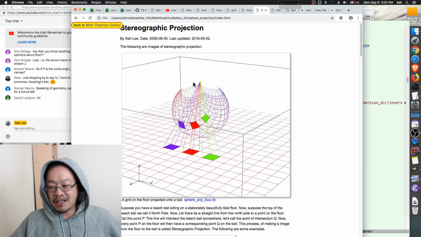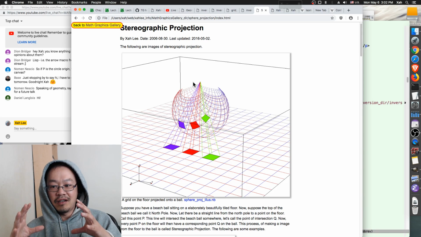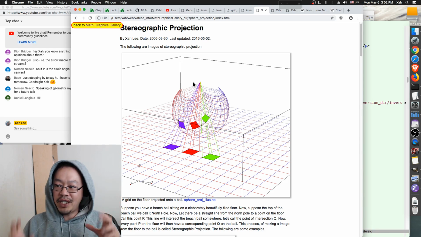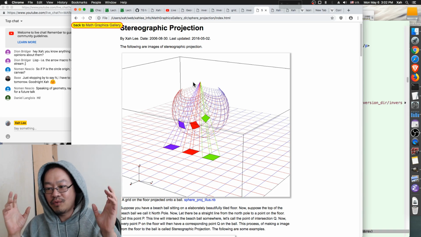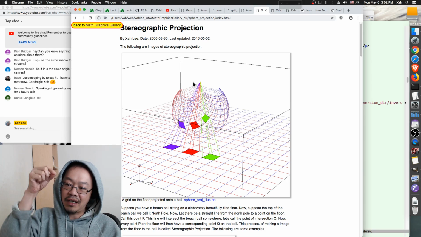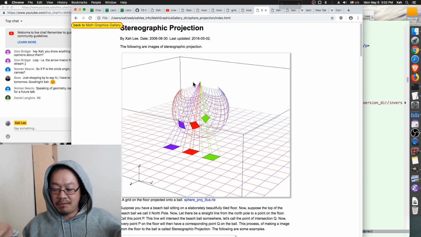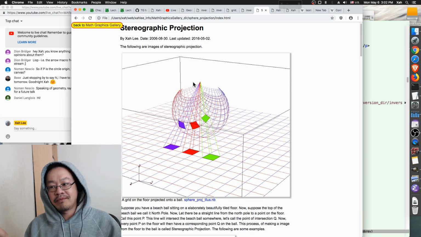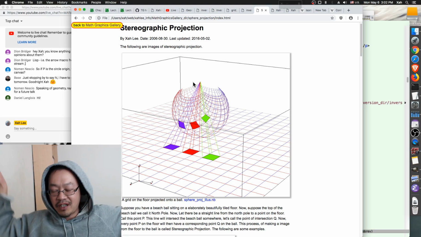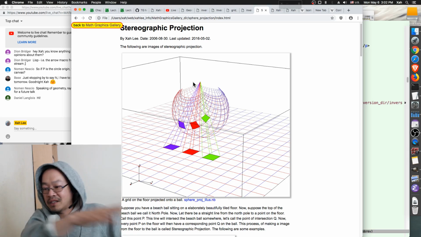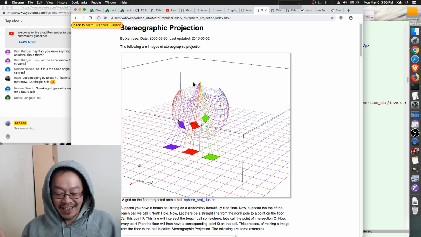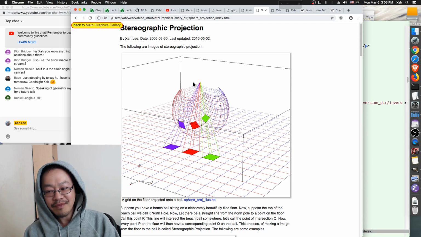In this process, you can picture the idea. So what happens if the point is the North Pole? You can see it become some kind of magical point, infinitely far away. It doesn't matter what direction. It's just a point infinitely far away.